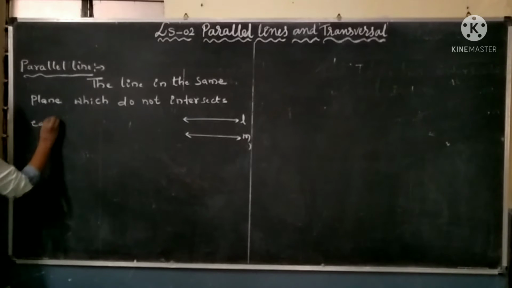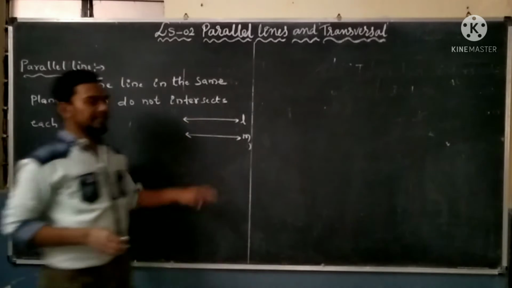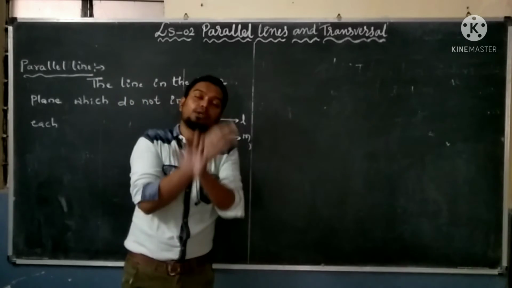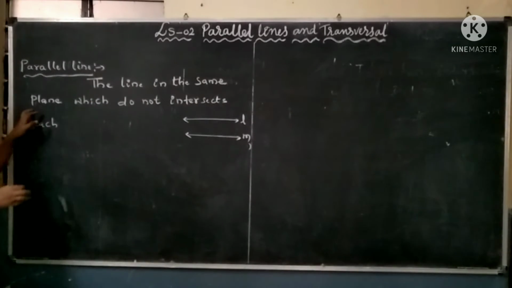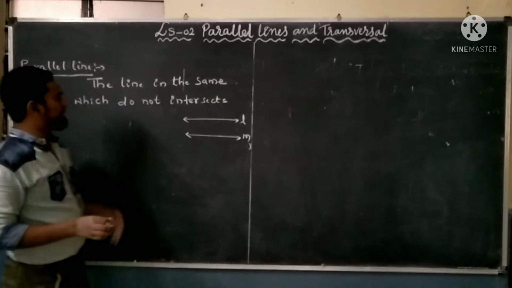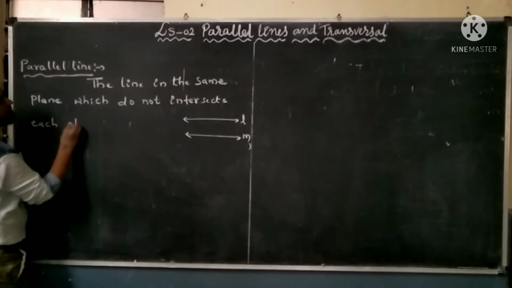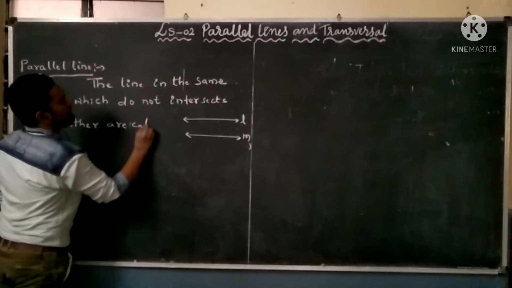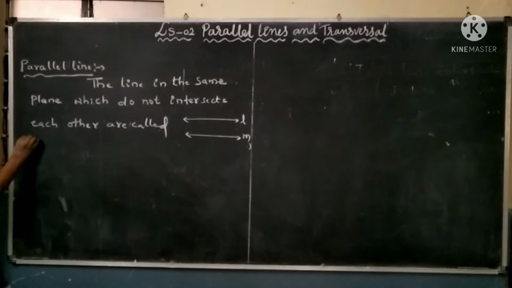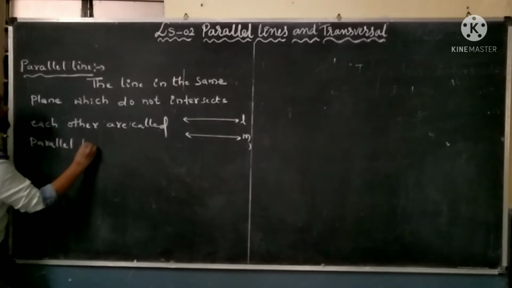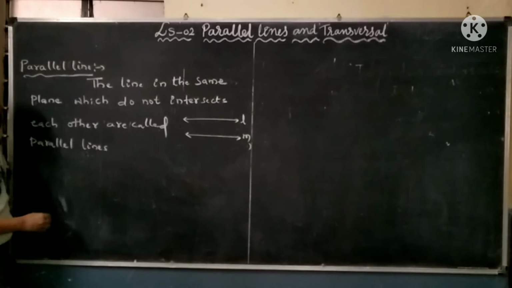Intersect means both the lines cross each other. Therefore, the lines in the same plane which do not intersect each other are called parallel lines.